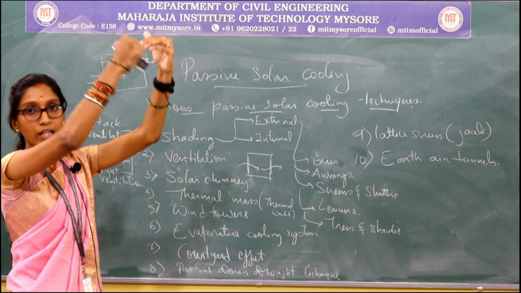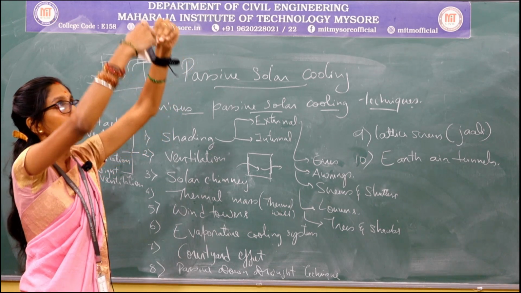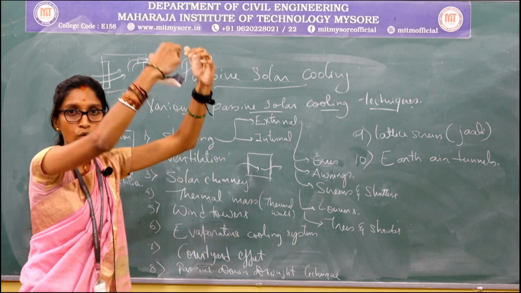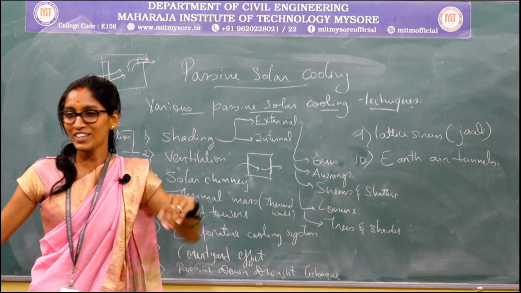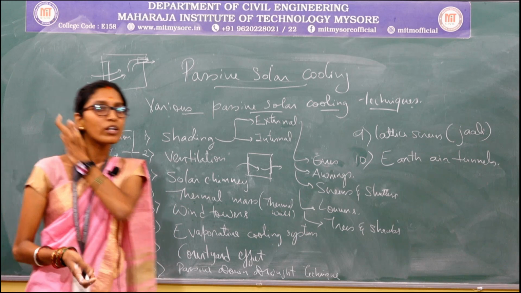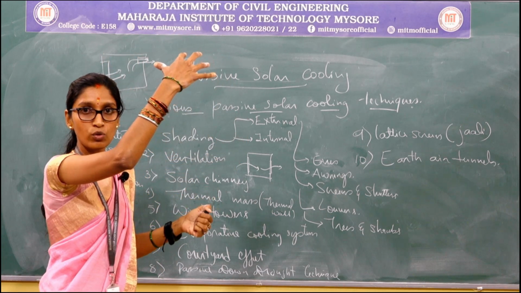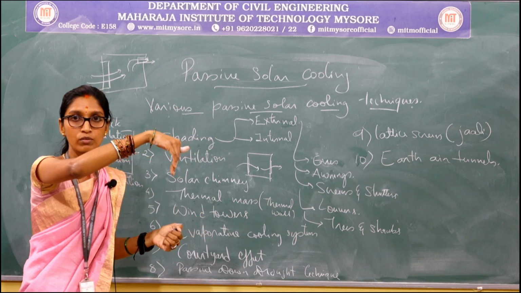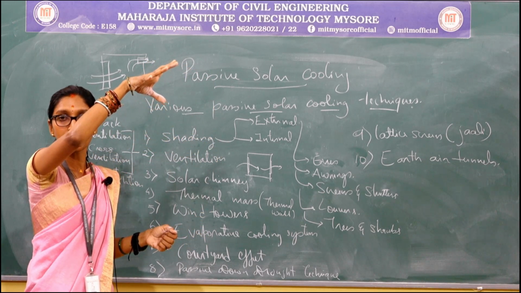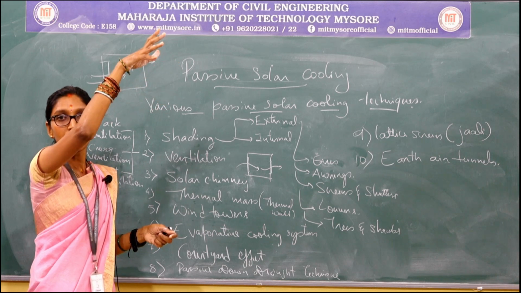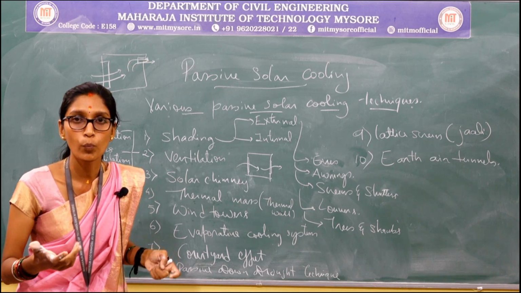Okay, once it is moving inside a wind tower, what is happening? It is being drawn down, so it is going to move in a downward direction. What is going to move in a downward direction? The wind which is directed into a building is going to move down, right? At the same time, the hot air present in the building, which has risen up, will be removed out through the same openings.